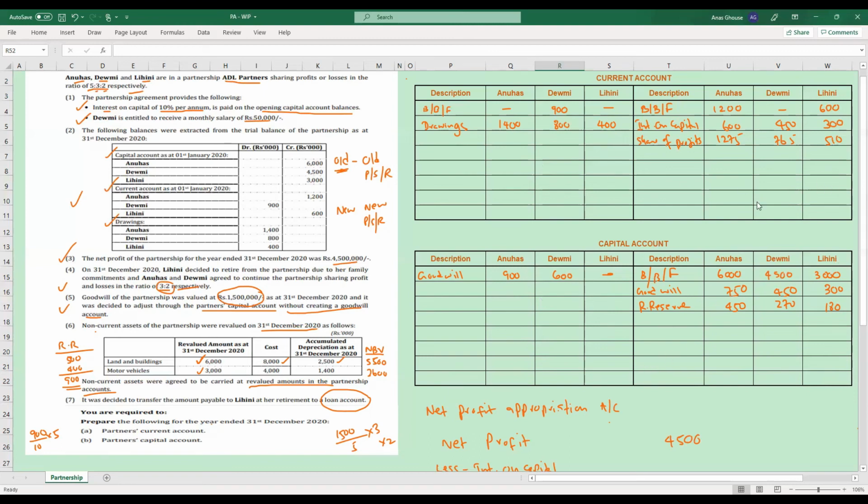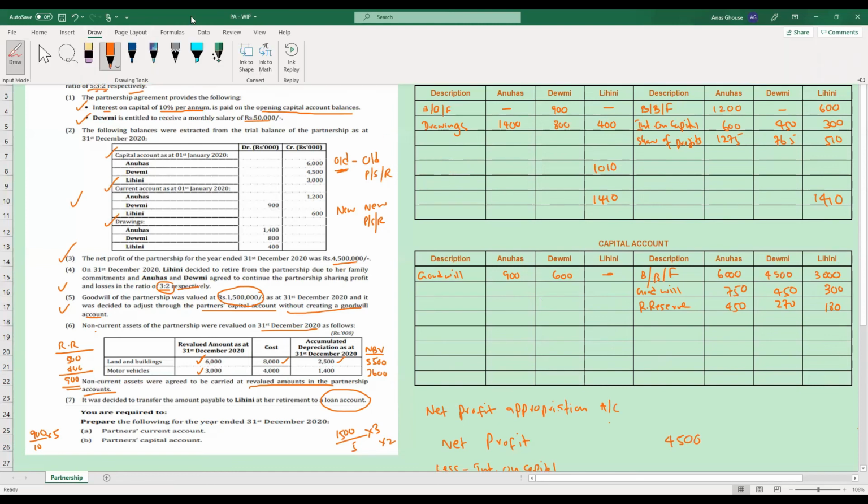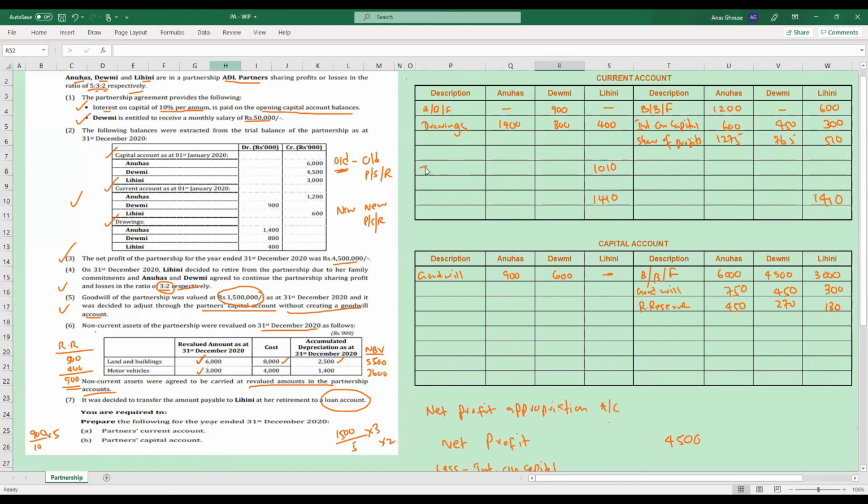Lihini's total balance is 1,410,000. So you can say balance carried forward should be 1,010,000, and this will be transferred to capital account, from current account.